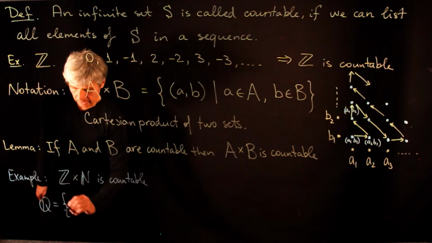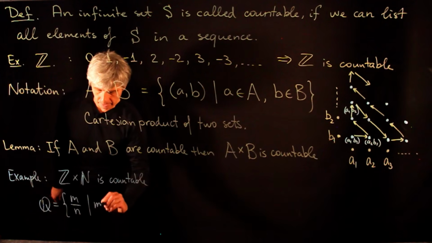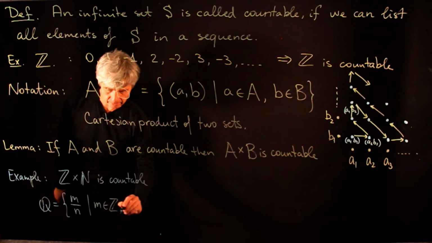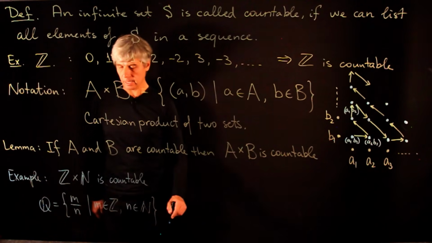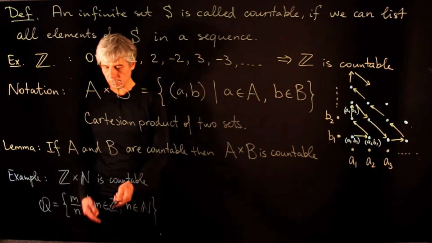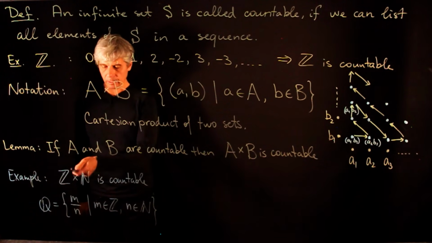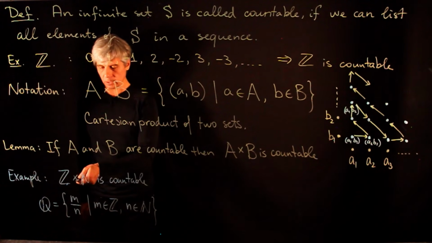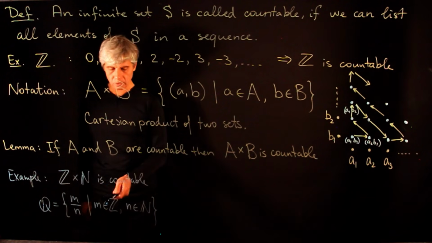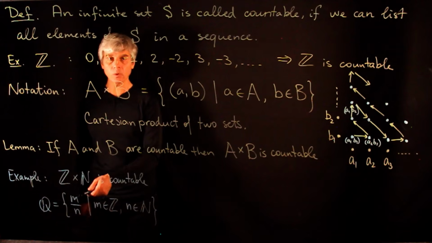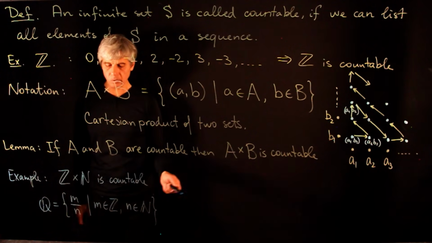Q is the set of fractions m over n, where m belongs to Z and n belongs to natural numbers. And so since we can arrange the set of pairs of Z cross N in one sequence, this tells us that we also can arrange all rational numbers as one sequence.